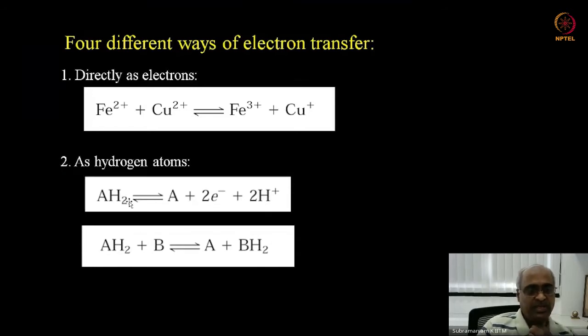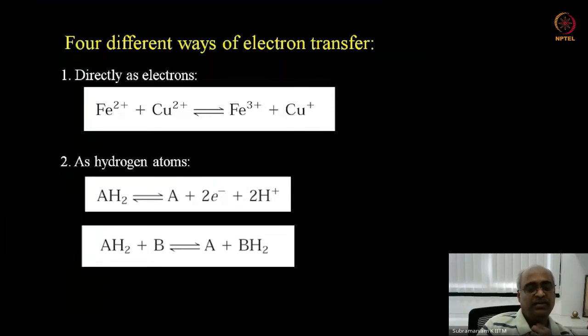Like you lose here 2 hydrogen atoms, but in the form of, you lose 2 electrons, but in the form of 2 hydrogen atoms, because 2 protons also go. So this is a typical dehydrogenation. And so here this is another example. So here this is losing hydrogen and this gains hydrogen. Okay. So this is like the half reaction for this. Only one half is written.